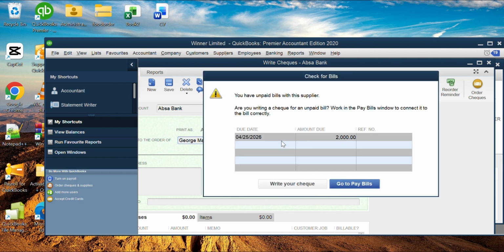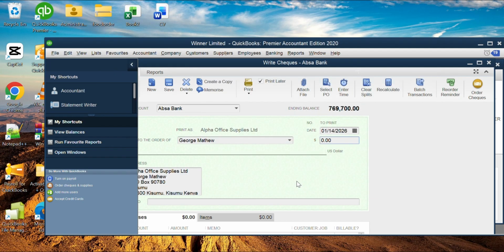Now, if we want to pay that 2,000 to George, we need to write a check. We are going to select that we want to pay the supplier.